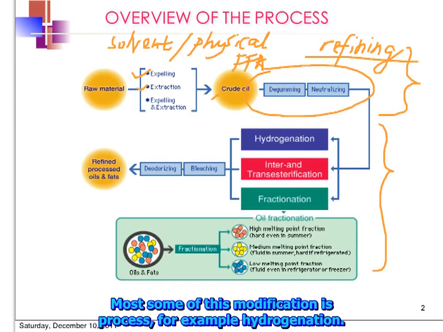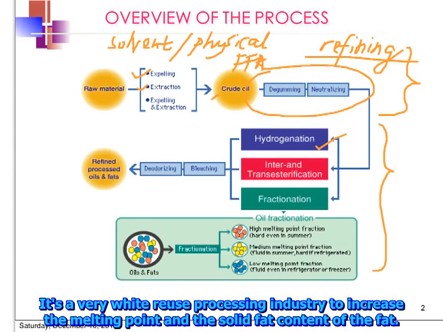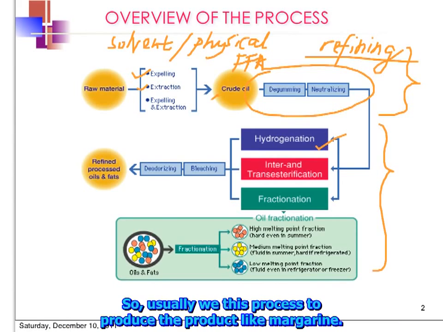Some of these modification processes are, for example, hydrogenation. This is a very widely used process in the industry to increase the melting point and solid fat content of the fat. Usually we use this process to produce a product like margarine.